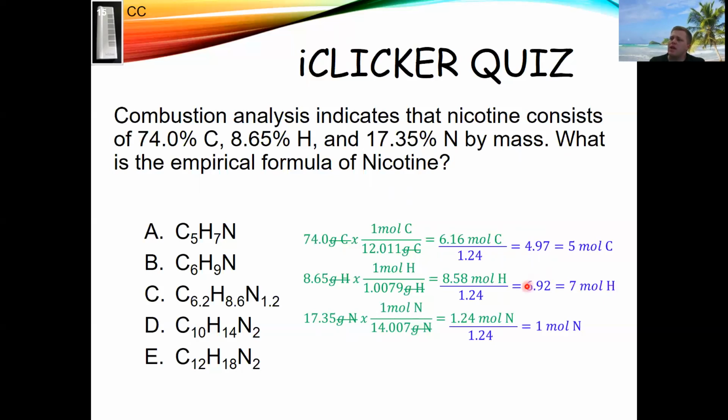You can do that when you're in your third step, if your moles here are within 0.1 or less than 0.1 of a whole number. So this guy is 0.08 away from a whole number. This is 0.03 away from a whole number. So you can round them up. If it's any more than 0.1, you want to be careful. Just try and convert them into whole numbers.